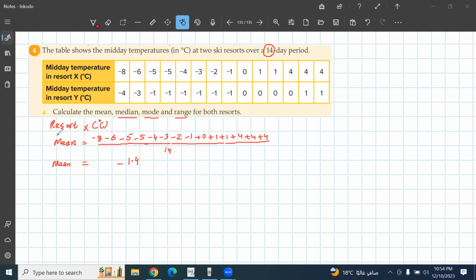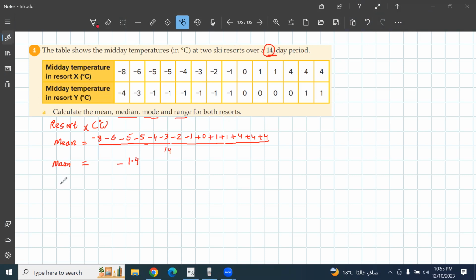And here we have the median. Before finding the median, we must arrange the data in order, smaller to bigger or bigger to smaller. We have the minimum value, which is -8, then bigger than this, so it is almost arranged. The total number of values is 14, which represents an even set of data.